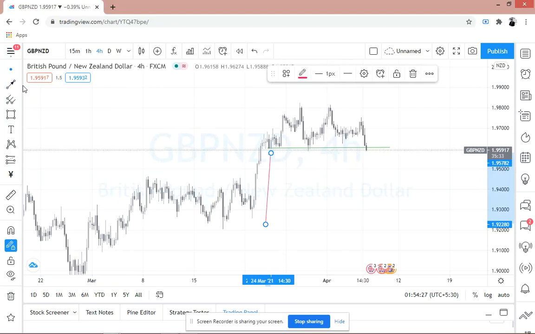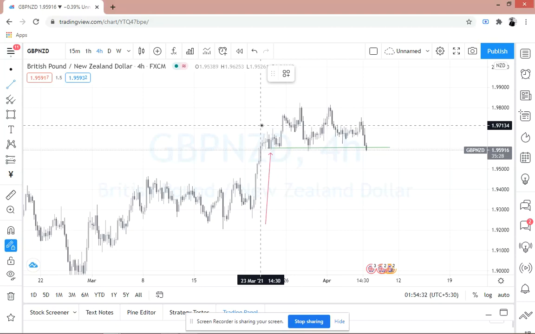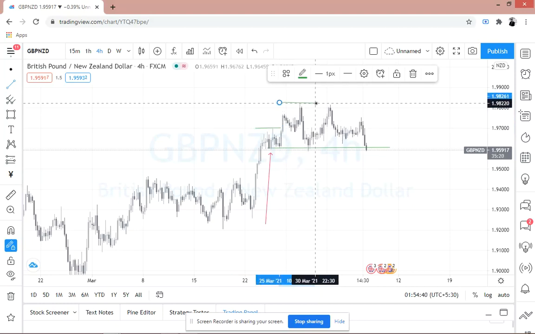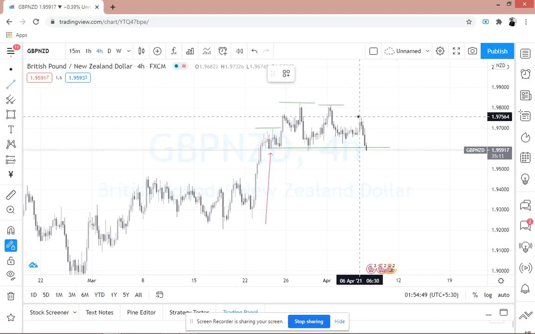The market also creates what we call slow momentum loss. So this is what we call slow momentum loss. The buyers are losing momentum.